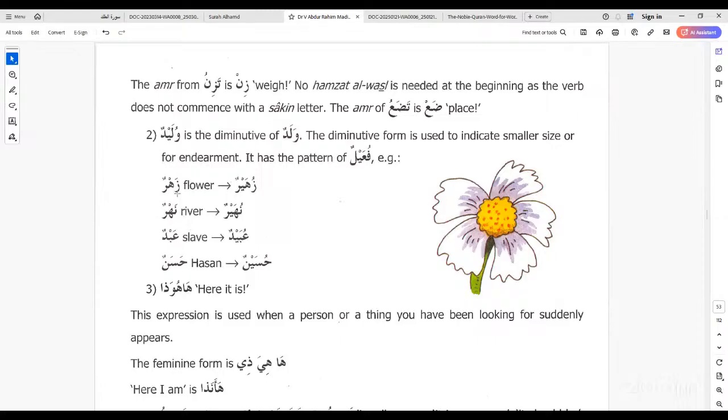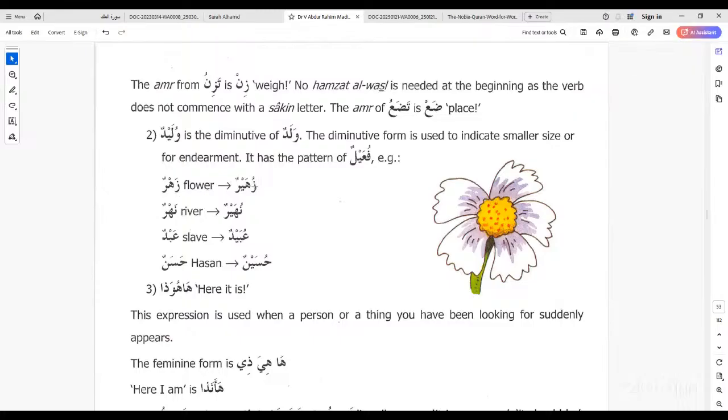Number two, wulaydun is the diminutive of walad. When it's a diminutive, it indicates something which is small, and sometimes it indicates someone is beloved, like Sakina, Sukaina. Or bahrun, which is a river or ocean, Bahrain, and Buhaira, which means a small pond.